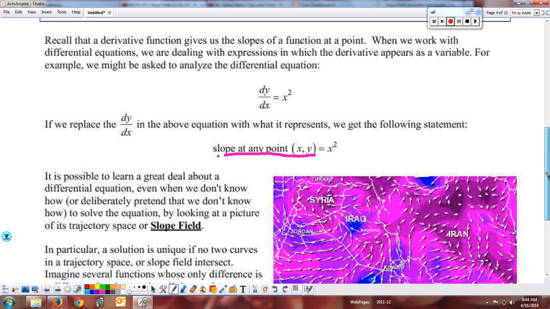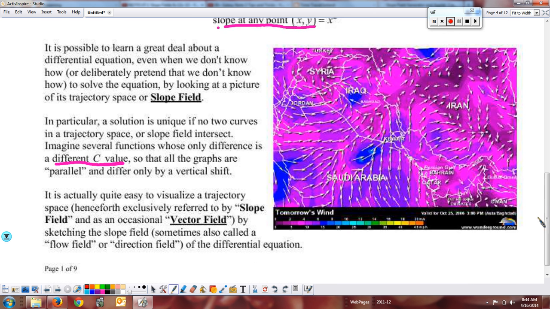What you basically do in your slope field is draw a tiny little segment representing the tangent line at that point. And that gives us, in a graphical sense, an idea of where the antiderivative function is going. It gives us the motion of the antiderivative.